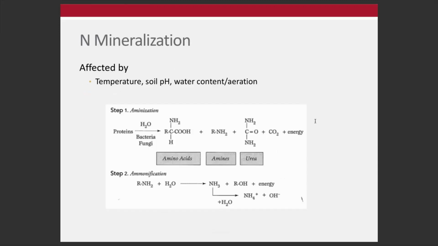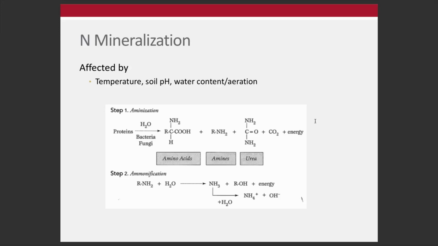Mineralization is affected by things that you would think affect soil biology and microbial activity, and this is true of really all of life. Life is affected by temperature, soil pH, and water concentration, and soil microorganisms are no different, right?